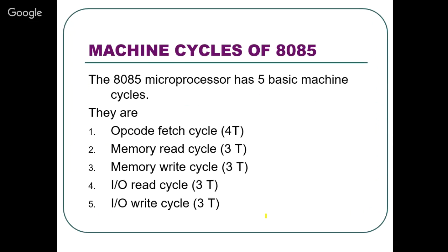These instructions take 6 time states because this is a register pair operation, and that's why it takes 2 time states extra to perform the operation. But in the general case, all opcode fetch machine cycles will always consist of 4 time states. Next, memory read cycle, memory write cycle, IO read cycle, and IO write cycle. All these cycles consist of 3 time states.